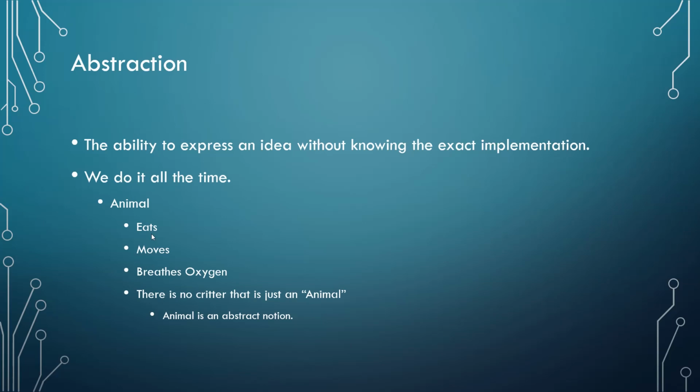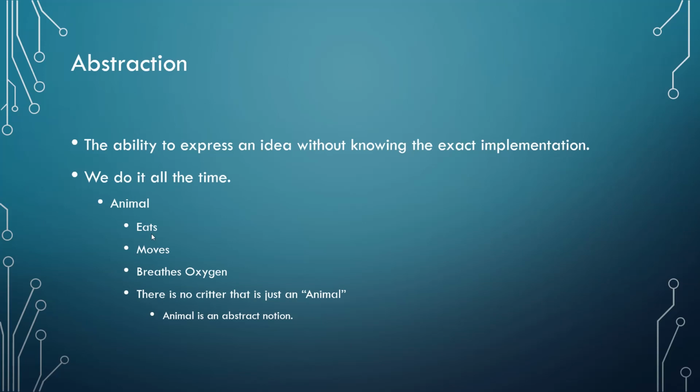When we start thinking about specific animals, specific instances, then we know more about the specific behavior. Is it a carnivore? It eats meat. How does it move? Does it move quickly? Does it move slowly? Does it run? Does it swim? It breathes oxygen. How does it breathe? Does it have lungs or gills?